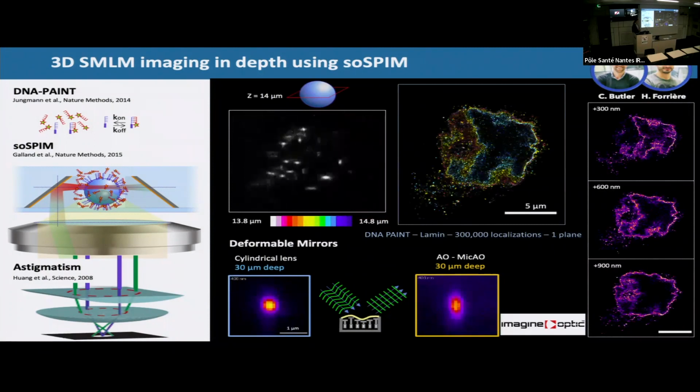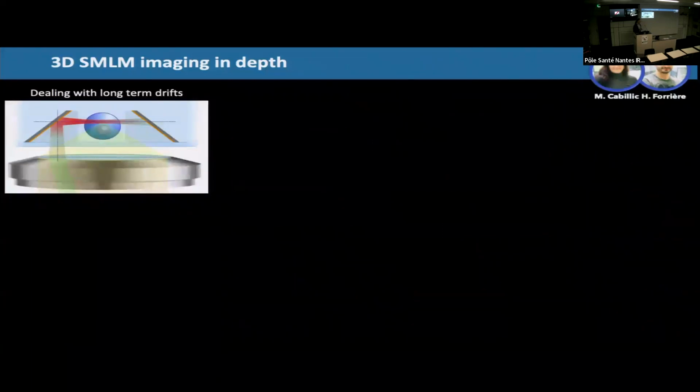And then on top of that, you can do sectioning. Again, it's very straightforward, at least now, but then you also have to overcome another issue, which is the drift. These acquisitions are very long, especially with DNA-PAINT over several planes. Usually axial drift is possible to correct optically, using a perfect focus system, for example.